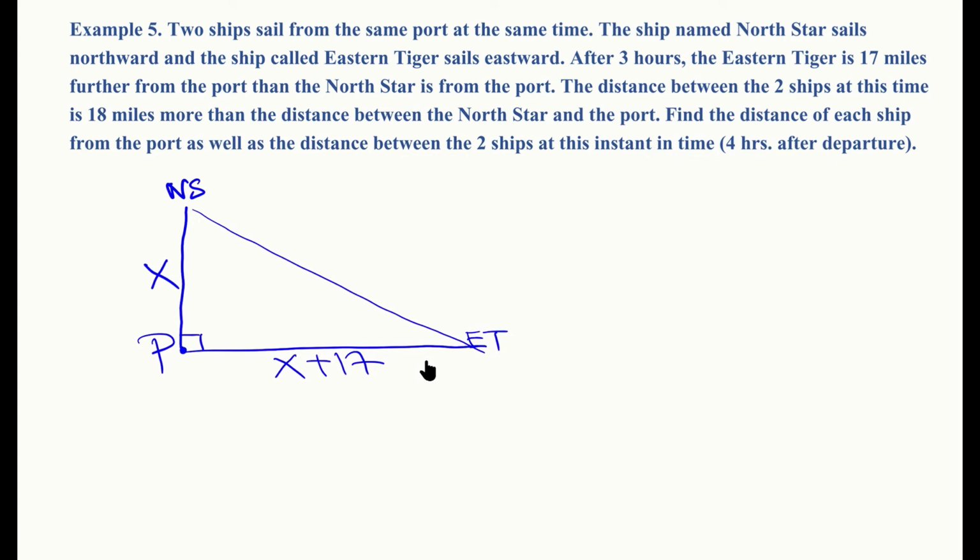And the distance between the two ships, so this distance, the hypotenuse of this right triangle, is 18 miles more than the distance between the North Star and the port. So whatever that distance is, plus 18. So you want to find the distance of each ship from the port. We want to know this distance, we want to know this distance, as well as the distance between the two ships. So we need to know that distance as well.